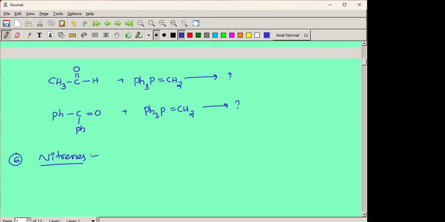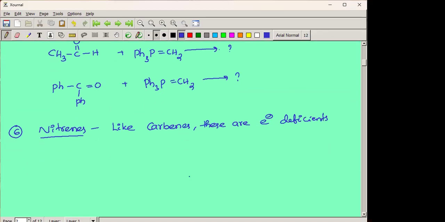The sixth kind is nitrenes. Nitrenes are also like carbenes. Like carbenes, these are electron deficient. Carbenes contain a lone pair of electrons as well as vacant orbitals.